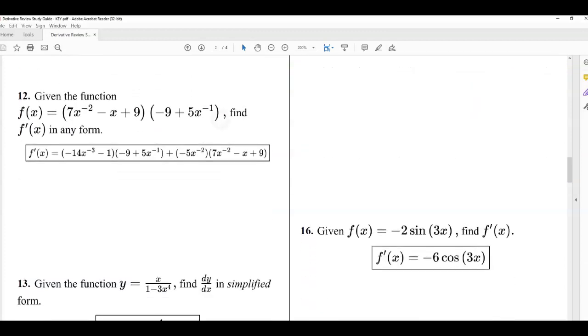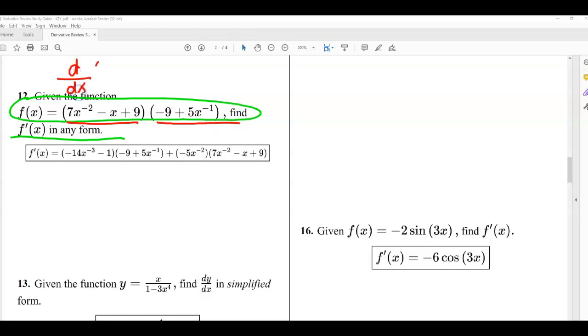Let's take a look at number 12. Given this function here, we want to find the derivative. Now, in this case, we have two things being multiplied, so we're going to use the product rule. In case you forgot what the product rule is, if you're taking the derivative of two functions that are being multiplied, then it's f prime g plus f g prime, derivative on the f for this guy, derivative on the g for that guy.